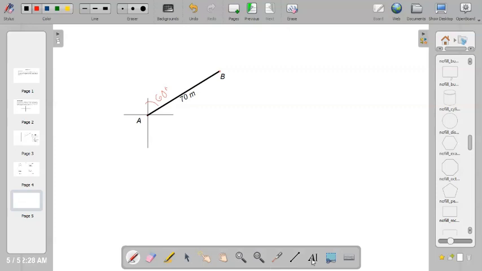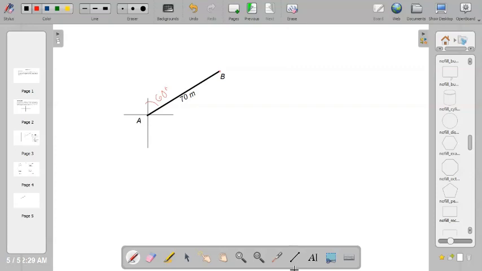Now, if you want to get the latitude and departure of your line using the manual way of computation, you can use the sine and cosine, the trigonometric functions, of your figure.